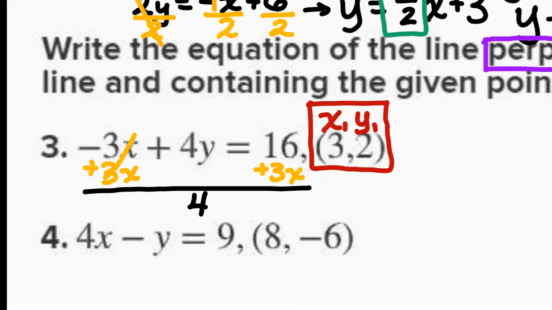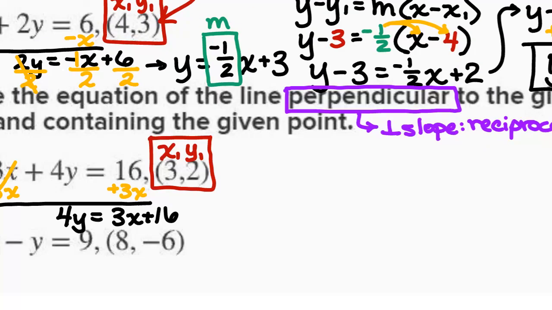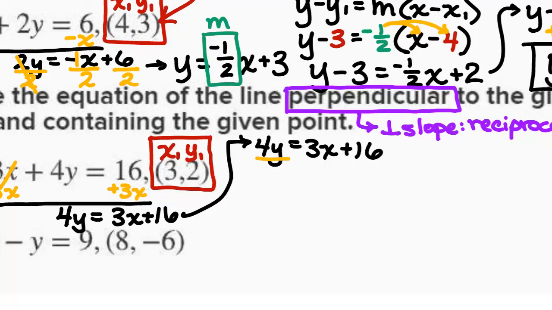So that would give me 4y equals 3x plus 16. And I have now just run out of space, so let's bring it over here. 4y equals 3x plus 16. Is it in slope-intercept form yet? No. Almost, though. What do I still need to do? Divide by 4. So I divide the left side by 4, and I divide everything on the right side by 4.